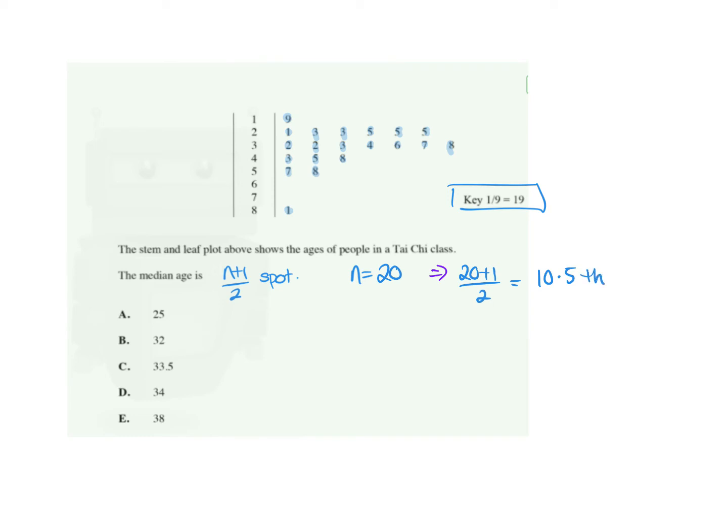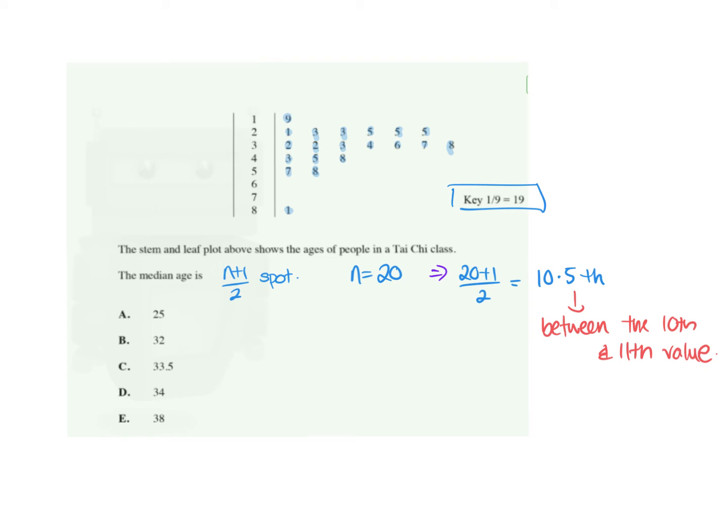spot. So 10.5 means it is in between the 10th and the 11th value. When you have an even number, it's going to be in between.